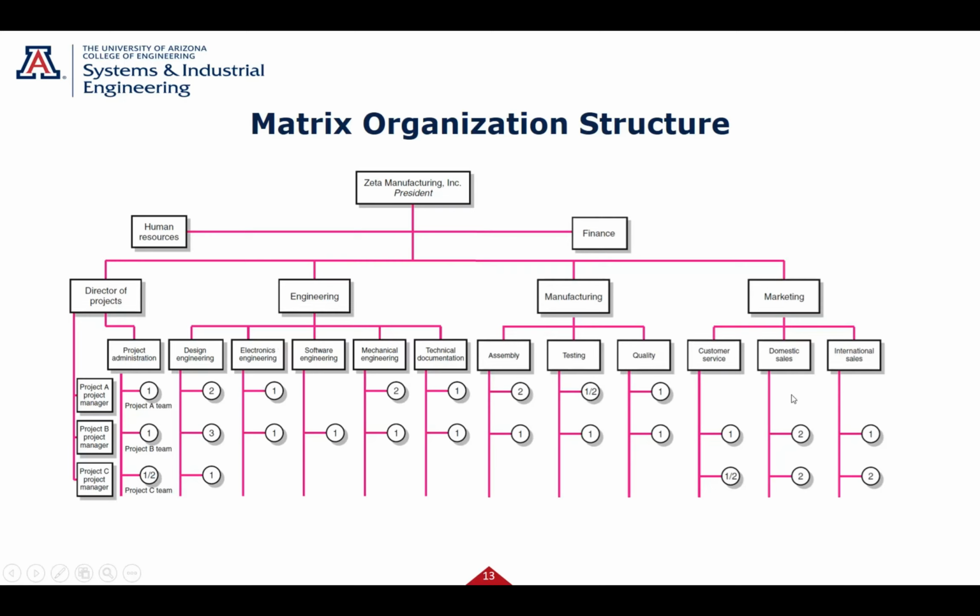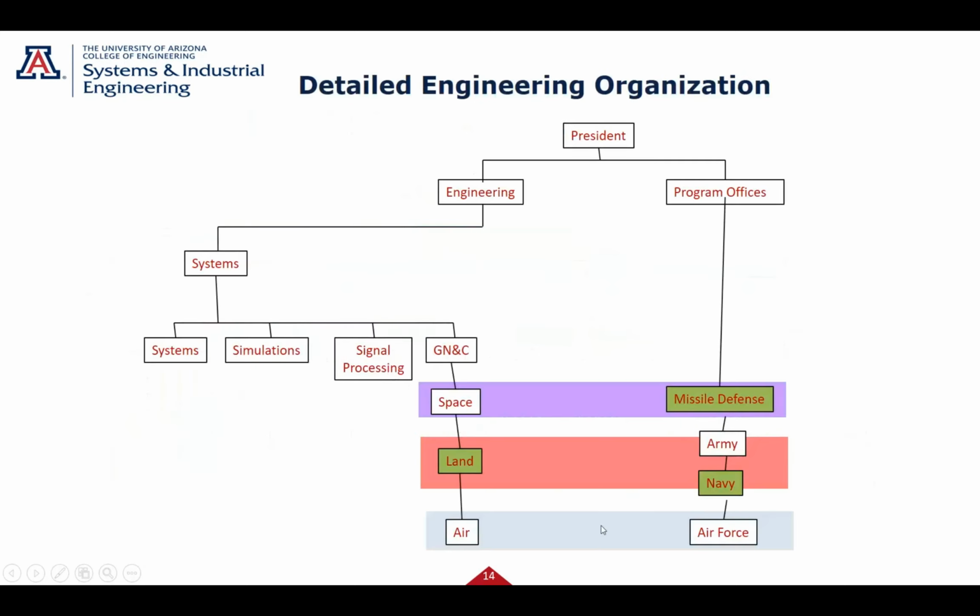So now each of these organizations is loaning people in, sharing experts across the organization. Here, I'm breaking out my organization a little bit differently. So systems engineering, I broke it down into those four groups. Let's just take guidance, navigation, and control. I have certain programs within the company, maybe missile defense, Army, Navy, Air Force.